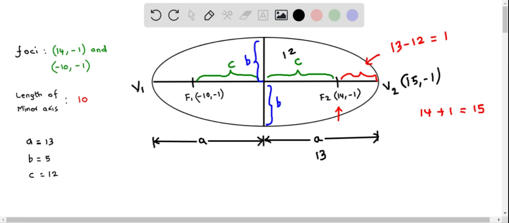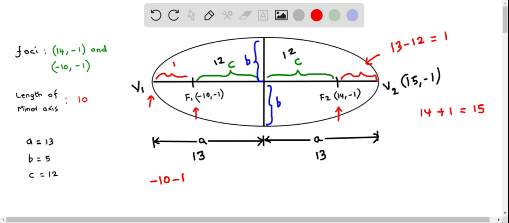And similarly, we know that this distance is 13 as well as this distance is 12. So we can see that this distance is 13 minus 12, which is 1 unit. And this vertex 1 is 1 unit to the left of the focus F1. So we have to subtract 1 from the x coordinate of focus 1.